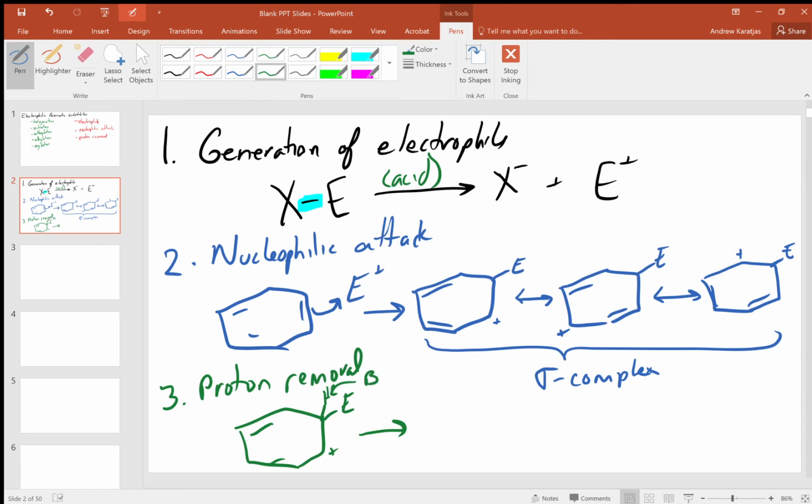In each of the future examples, we'll define what that base is, but it removes that hydrogen, electrons shift down, and we get our aromatic ring back. So the net result of this reaction is that we've taken a hydrogen on our aromatic ring, and over a couple of mechanistic steps, we've replaced it with some sort of electrophile.